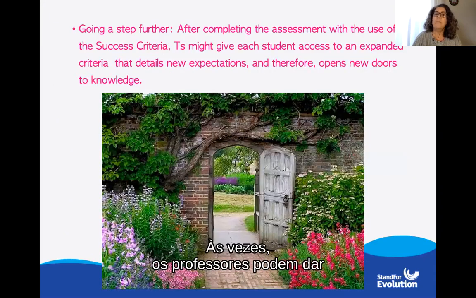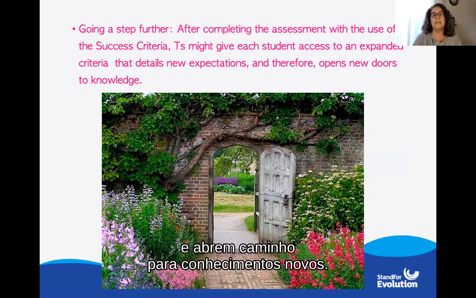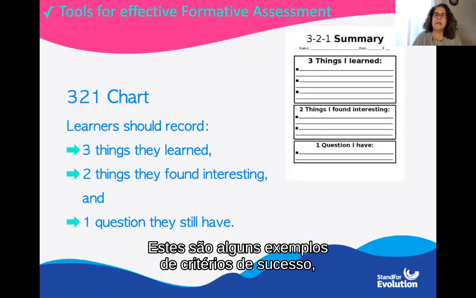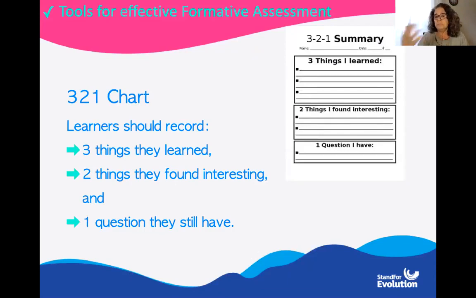Sometimes teachers might give each student access to an expanded criteria that details new expectations and therefore opens the door to new knowledge. Here are some examples of success criteria work and formative assessment work.